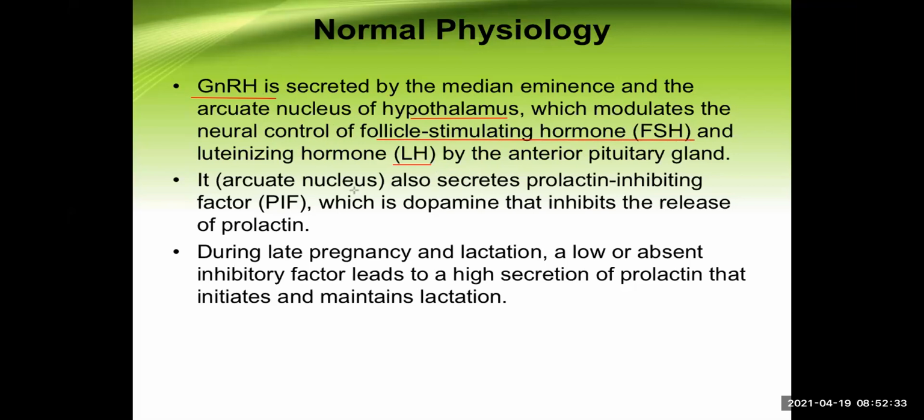The arcuate nucleus of the hypothalamus also secretes prolactin inhibiting factor, which is actually nothing but dopamine. This prolactin inhibitory factor is dopamine, and dopamine always inhibits the release of prolactin. This is such an important connection between dopamine and prolactin. You should never forget. Having said that, if I give certain drugs which block dopamine, what will happen to the prolactin?